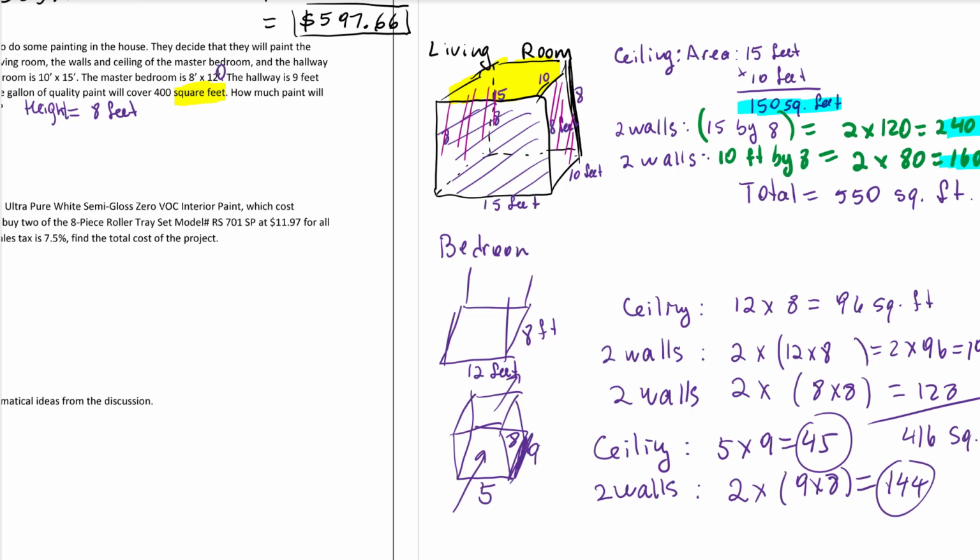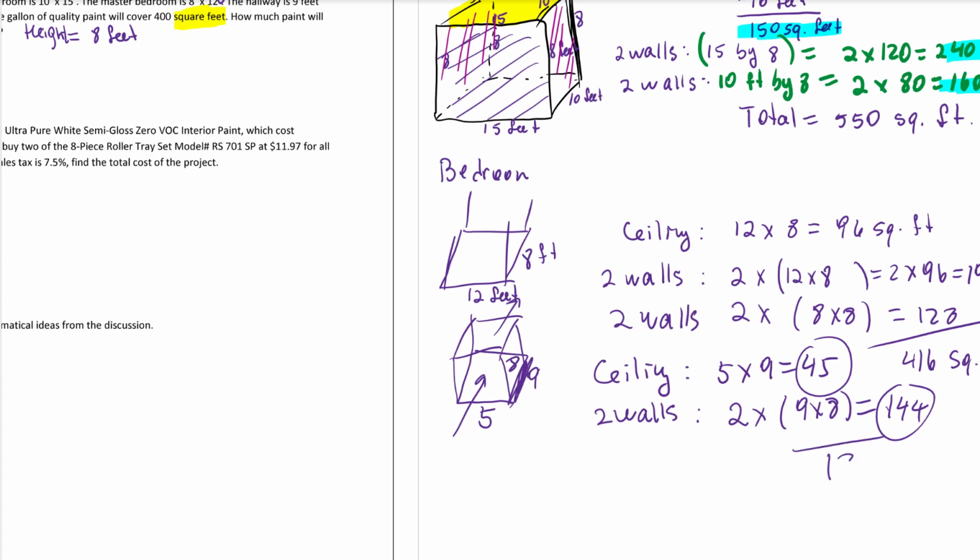So the hallway is going to be 144 plus 45, which is 189. Finally, I know it's a lot of calculation, but now we can add it all together.